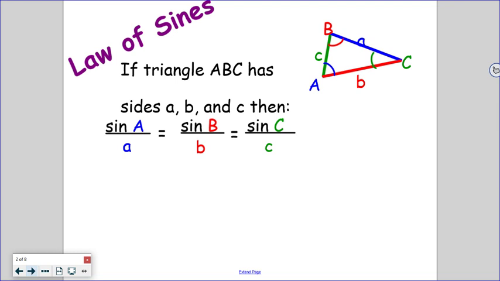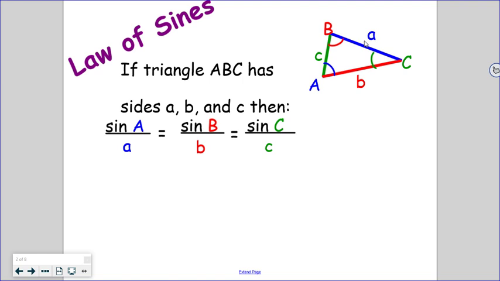Okay? The law of sines says this. If we have a triangle ABC with sides little a, little b, and little c, and what I want to point out is they will do this almost exclusively from here on out, where they label a triangle with big capital letters at each of the vertices, and ours are A, B, and C. The side across from angle A, which I have color-coded here, our blue angle across from it would be this blue side, they call that little a.